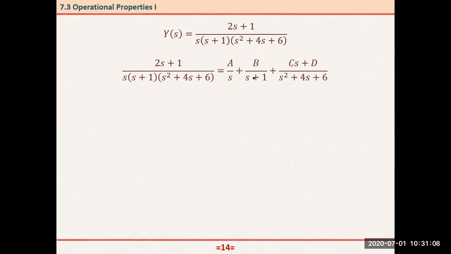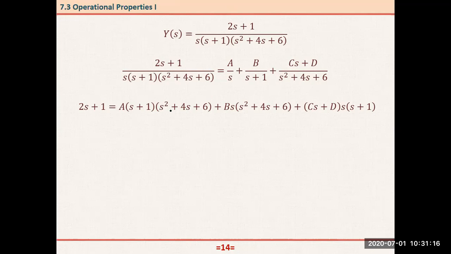And you know the rest, what we do here: bring into the common denominator, 2s plus 1 on the left-hand side. On the right-hand side, a times this plus this times this, that's what we have here. B times s squared plus 4s plus 6, plus now cs plus d times s plus 1, s times s plus 1.